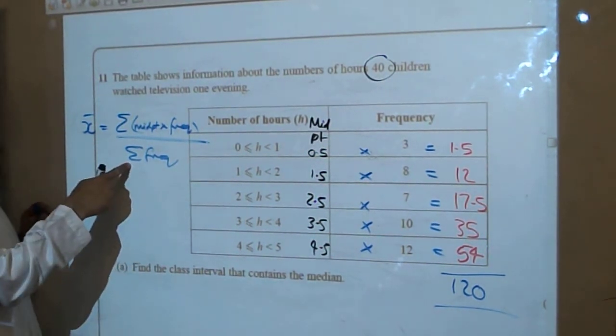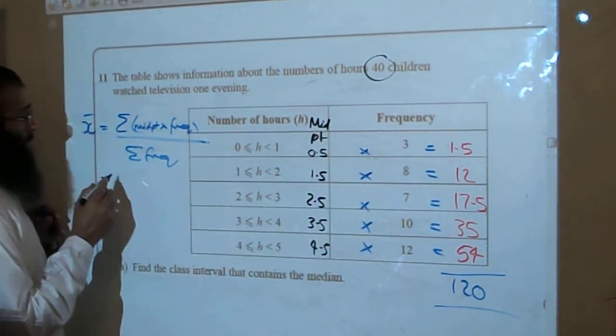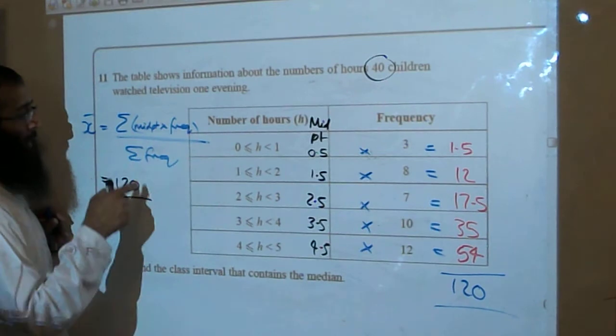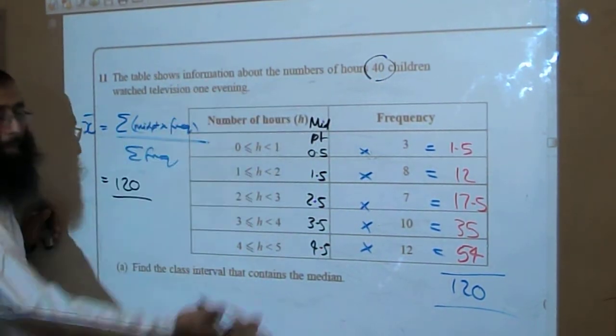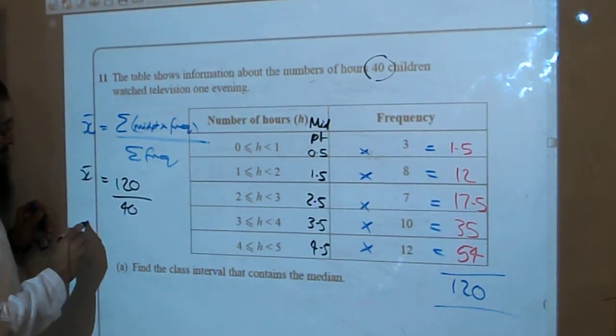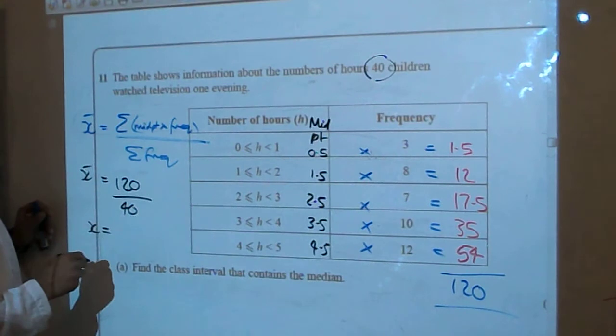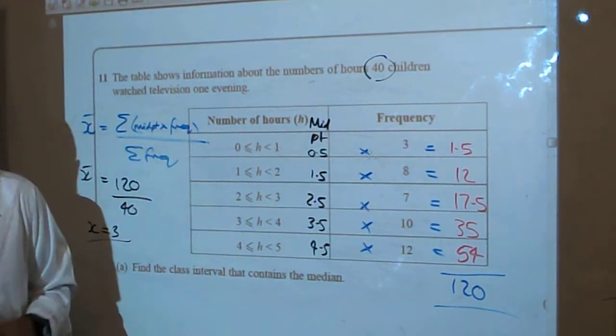Don't get worried about the sigma notation, it only means sum of. So midpoints times frequency gives us that 120 total. And the sum of all the frequency is 40 children. That's how many data items we have. So the mean will give us a nice lovely value of 3. So the mean is 3.